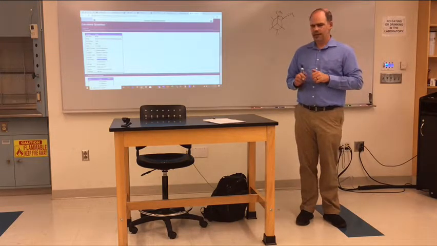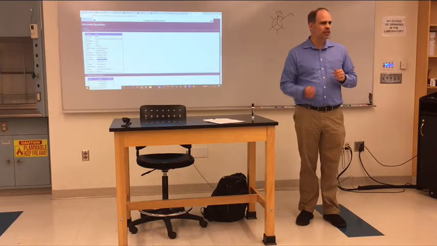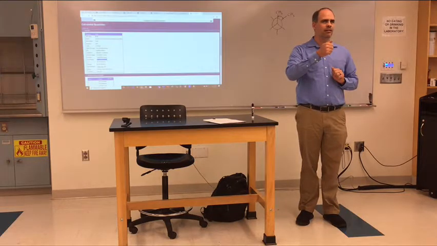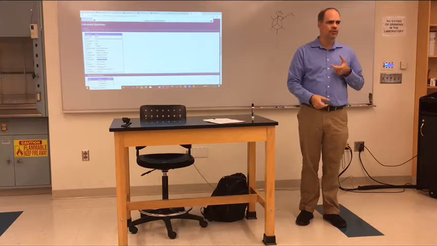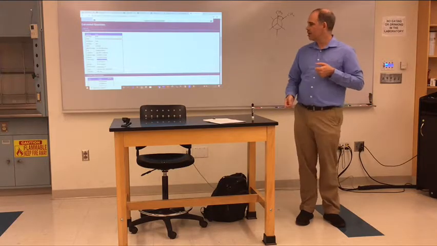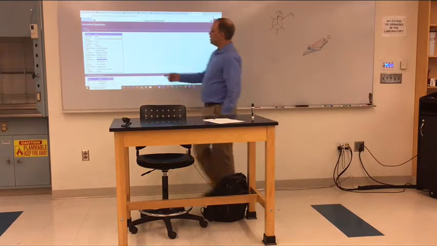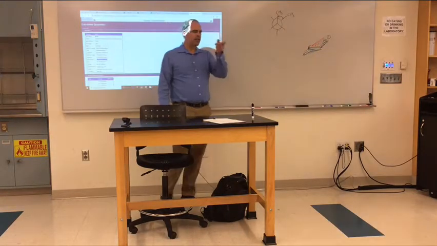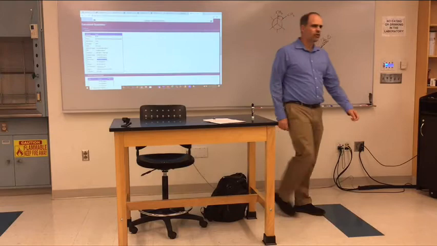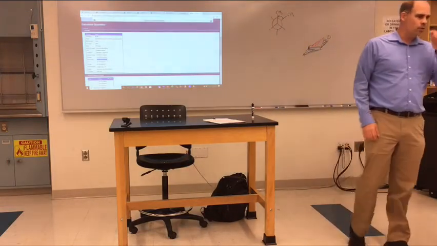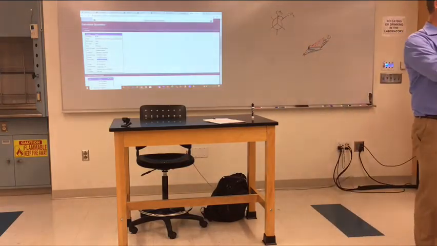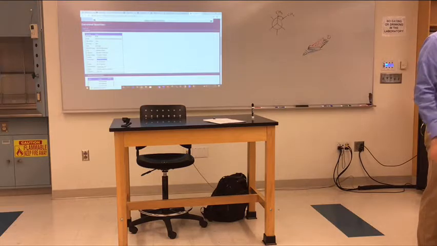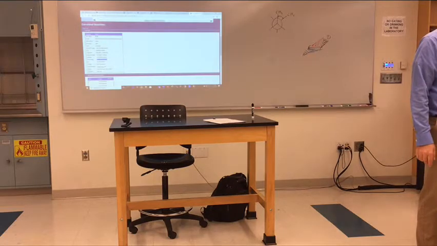So I think one of the questions is what's the difference in energy between the most stable structure and the least stable structure? I think I have that on there. You will take the two values, one subtracted from the other, and then there is the conversion factor between Hartrees and kilojoules per mole. So you'll subtract the two, take the difference, multiply by that conversion factor.